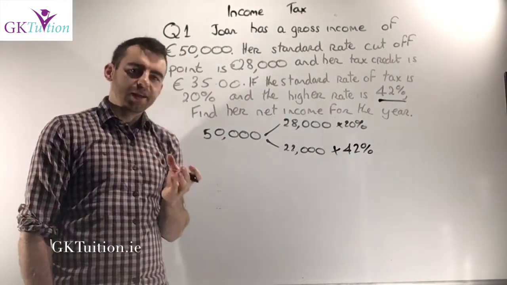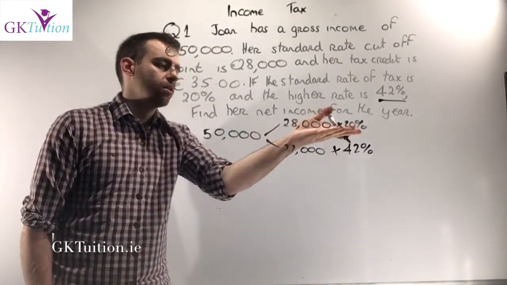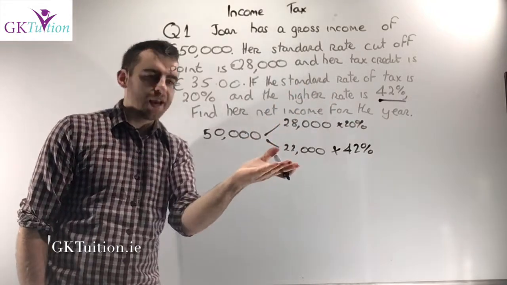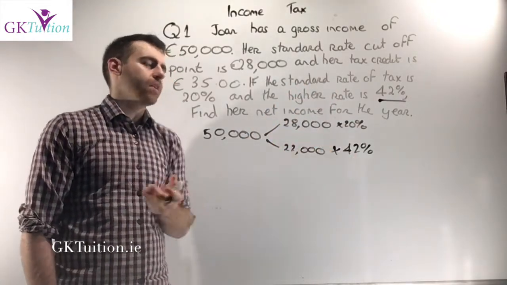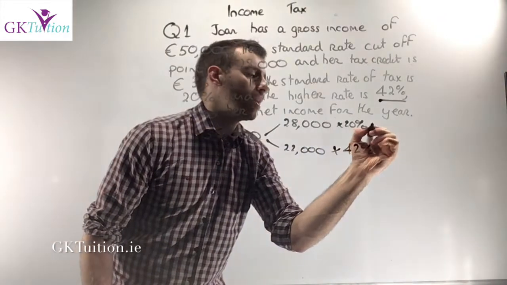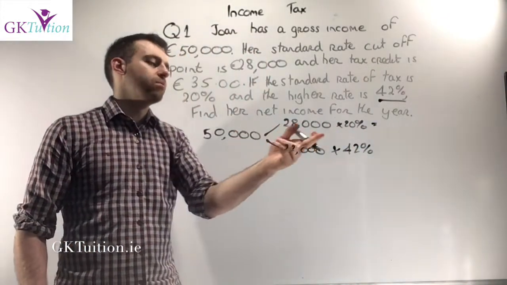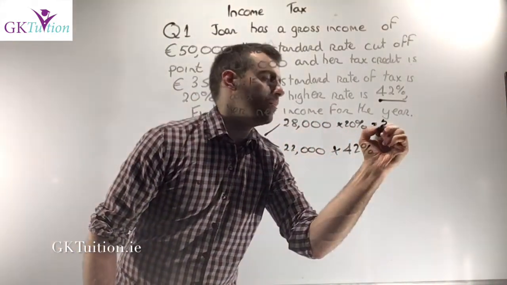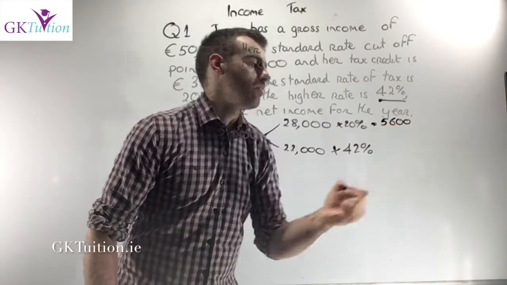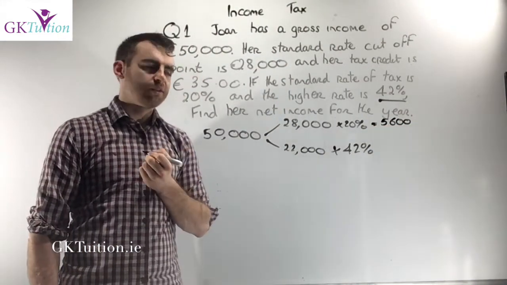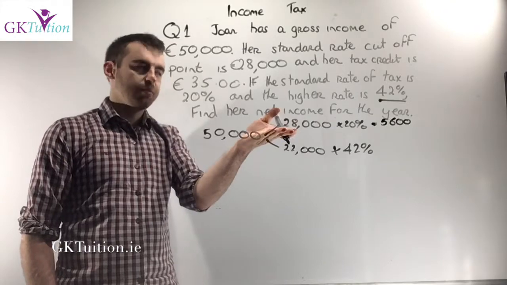On the first €28,000 that she earns, she pays a lower rate of tax, and on the remaining 22,000 she pays a higher rate of tax. Now if we plug these into our calculator, 28,000 multiplied by 20% will give me €5,600. She's going to have to pay €5,600 tax on this amount of money.